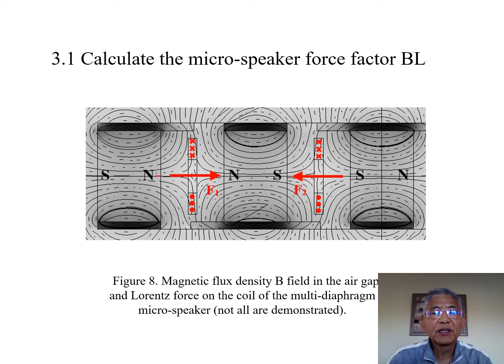So the flux, the B, comes out from the North Pole.